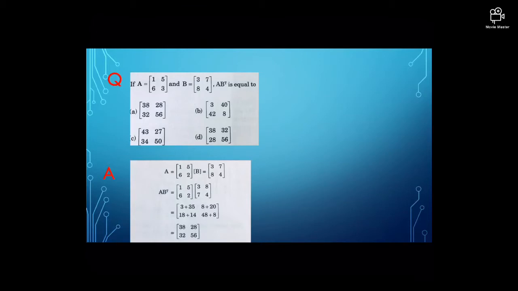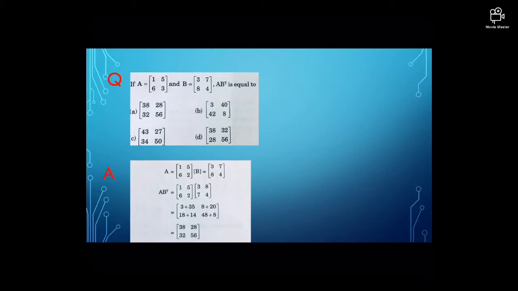So B transpose is 3 8 7 4. AB transpose is the matrix A into the transpose of matrix B. So just multiply it and we can find out easily.